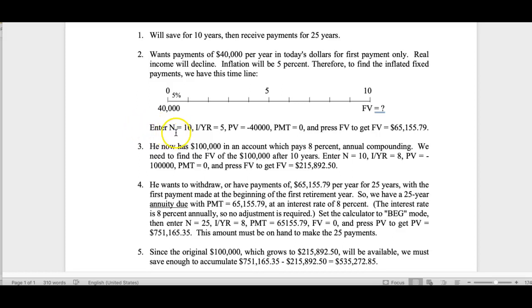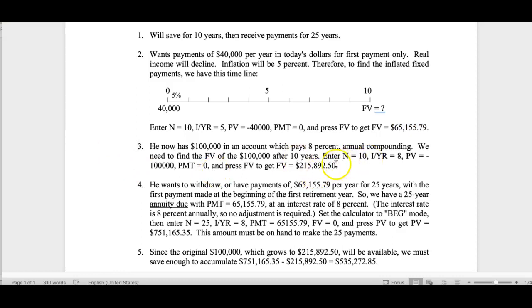Enter 10 and then N. Interest rate 5, present value negative 40,000, payment 0, and then push future value to get a future value of $65,000 approximately.